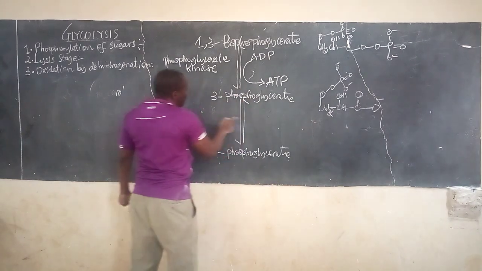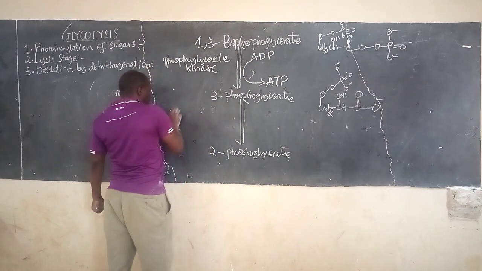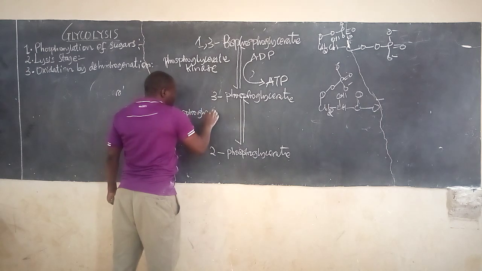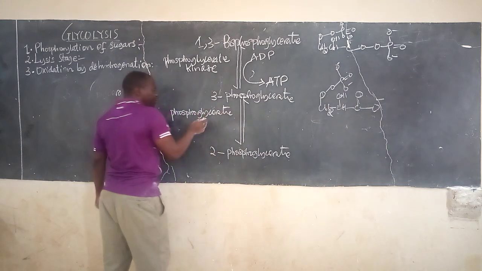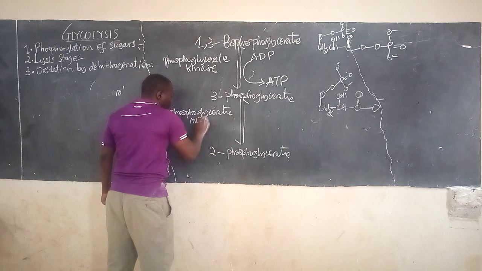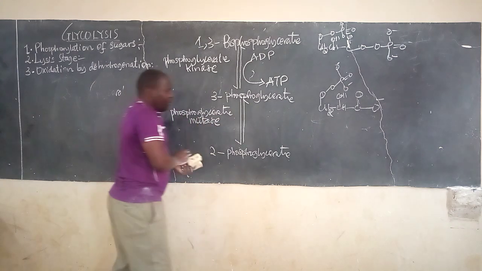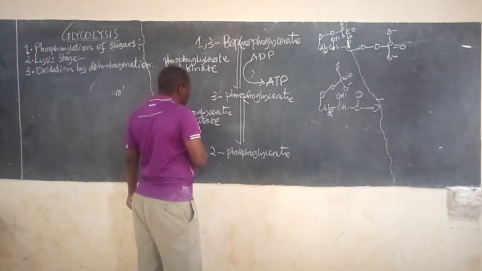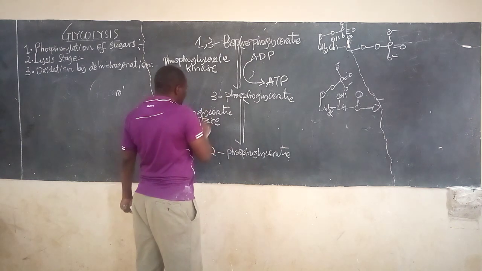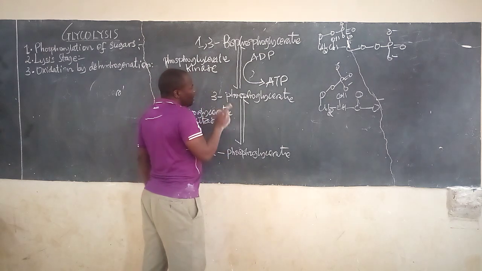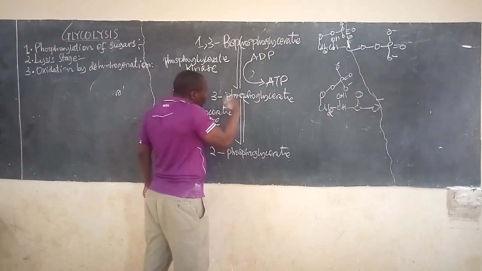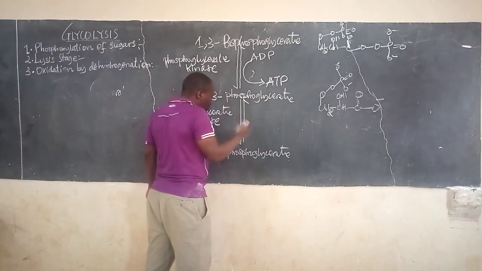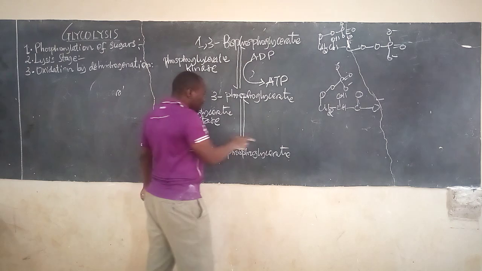Phosphoglycerate in presence of the enzyme known as phosphoglycerate mutase. Why mutase? Because mutation is going to take place, at which we are going to change the position of the phosphate from the third into the second carbon, like this.